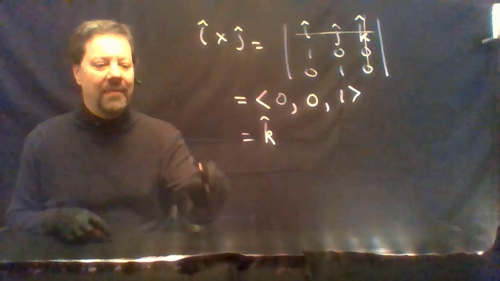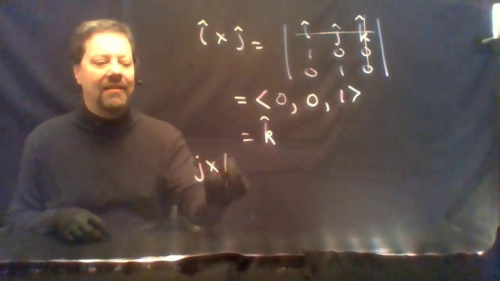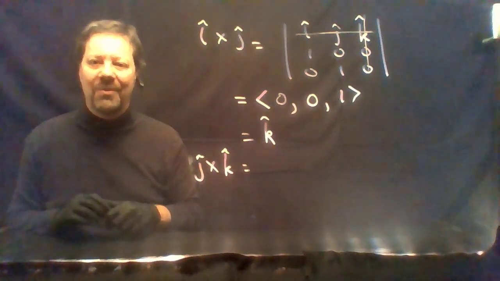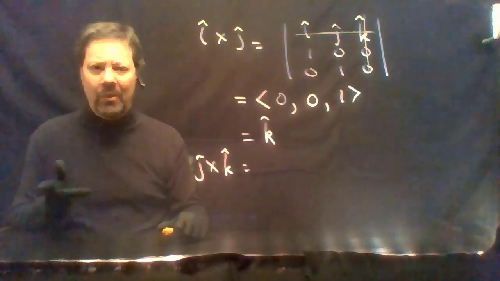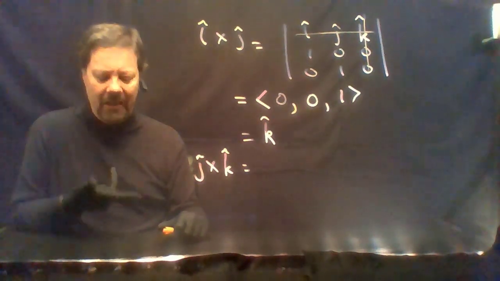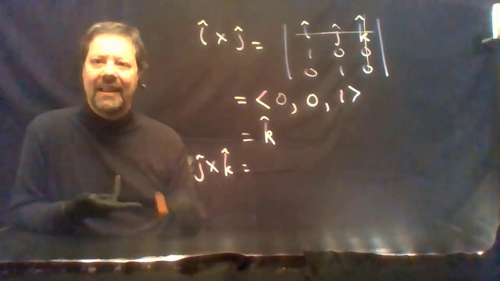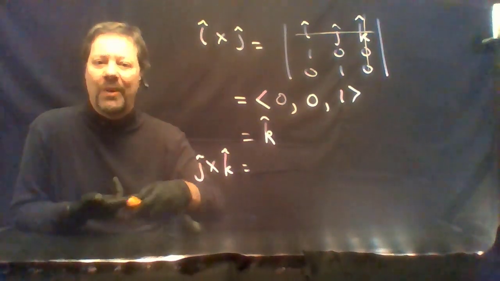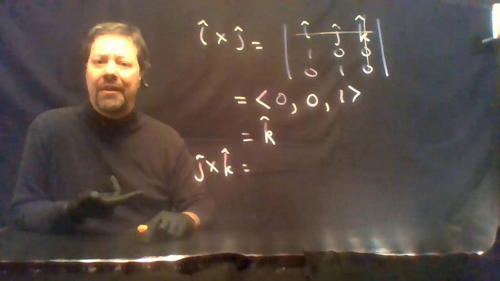For instance, if I have j cross k, what does the right-hand rule tell me I should get? Point your index finger in the direction of j, and your middle finger in the direction of k. You would expect to get i since your thumb is pointing out directly in front of you.